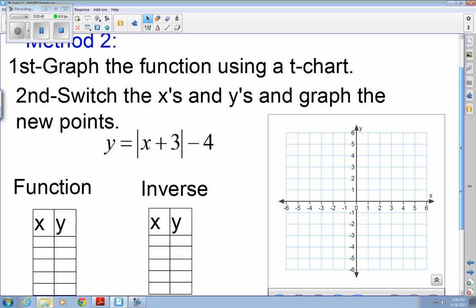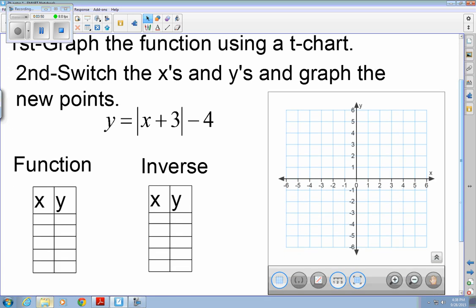The parent function shifts left 3, down 4. So (0, 0) gets transformed to (-3, -4). (1, 1) gets transformed to (-2, -3). And (-1, 1) transforms to (-5, -3).